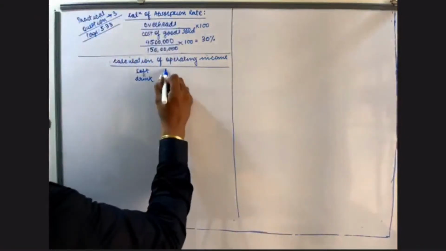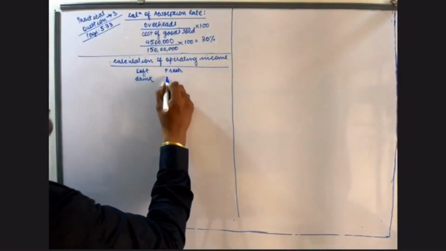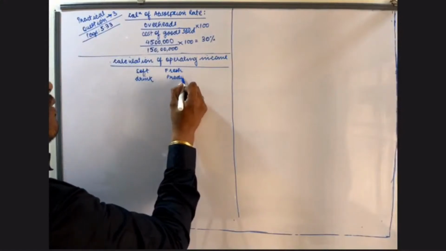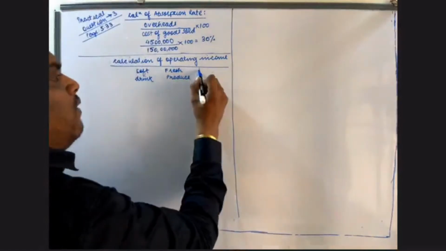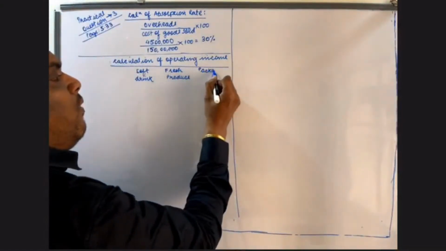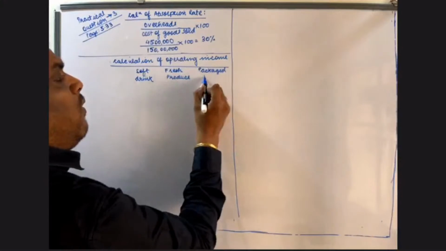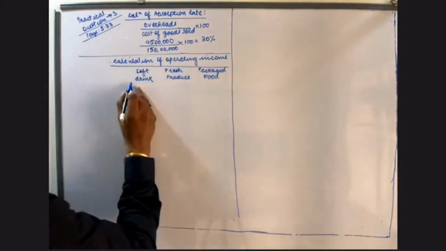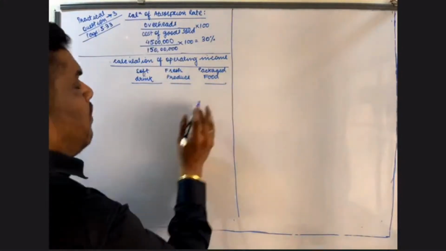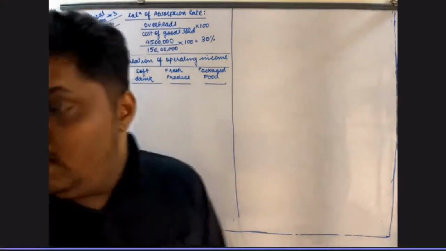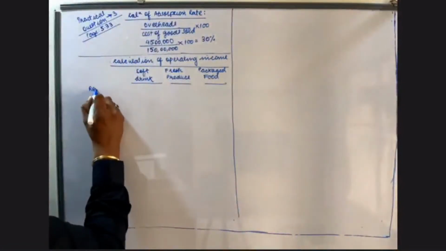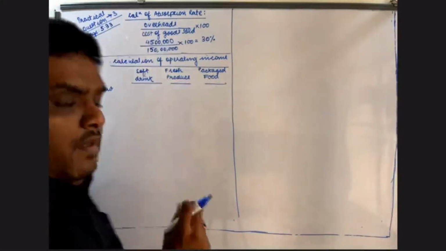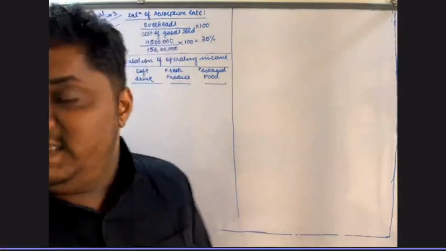Fresh produce. When talking about the revenue, it is given in the question, that is 39,67,500.